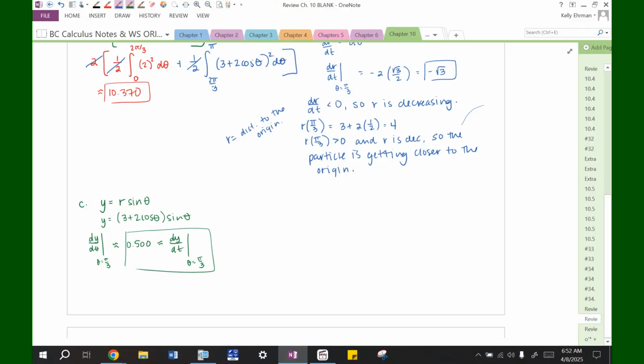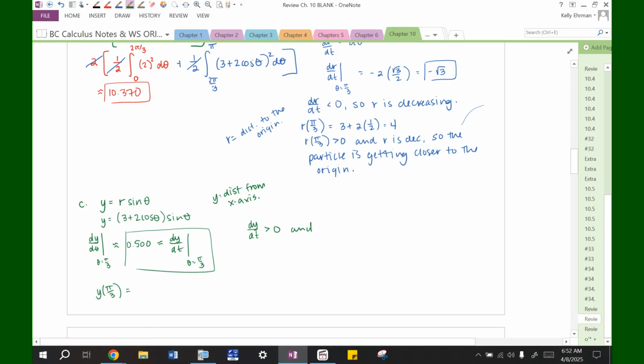Y is the distance from the x-axis, right? If I say y is 10, you're 10 units above the x-axis. So this dy d theta is positive. So dy dt is greater than 0. And is y positive or negative? Let's see. Y of pi over 3.